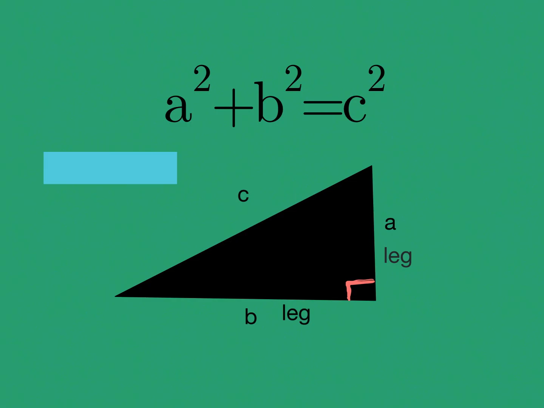The big thing about the right triangle is that we understand that the longest side of the right triangle, which is opposite the right angle, is your side C. The C is the big deal. C is your longest side.